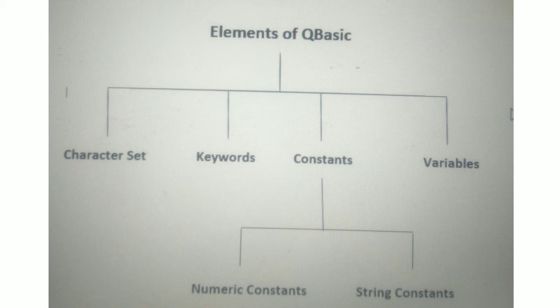Special characters are plus, minus, multiplication, division, less than, greater than, equal to, like this. Next, keywords. Keywords are the words that have a special meaning in QBasic. They are also called reserved words. Keywords like CLS, REM, INPUT, PRINT are all keywords.